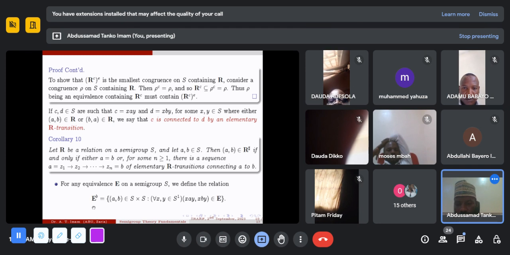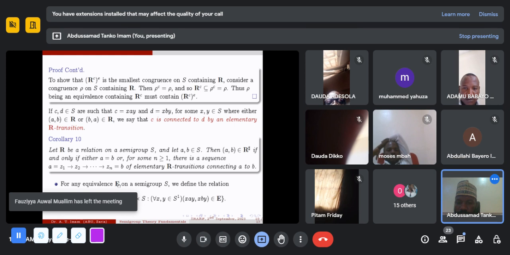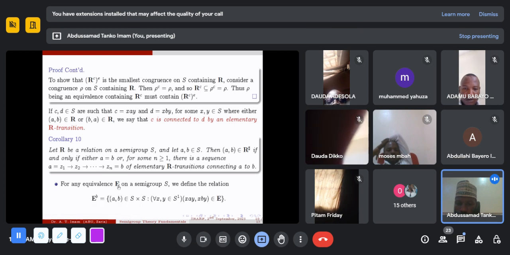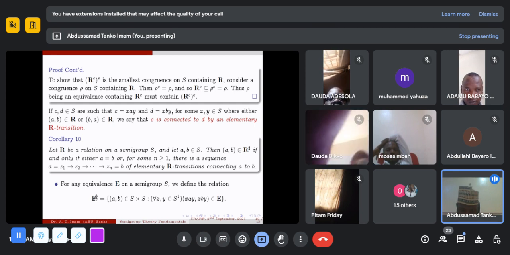And this is what we denote by E flat. So for that, we define the concept on an equivalence relation, not any general relation. Because when we are talking about R sharp, we take any arbitrary relation. But if you want to define the largest congruence contained inside a relation, you have to limit yourself to equivalences.